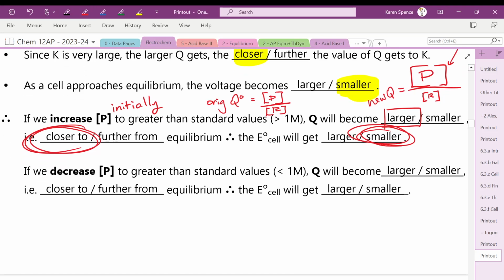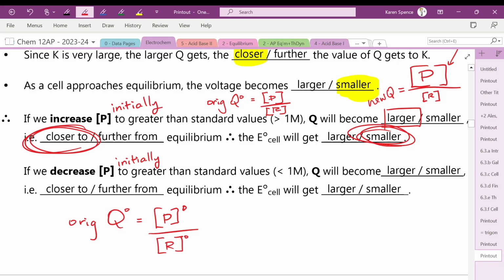Now, what if we decrease concentration of P initially? Remember, we have our original Q, which is at standard conditions, Q naught, let's call it. Concentration of P naught over concentration of R, standard conditions. So these would be 1 molar.